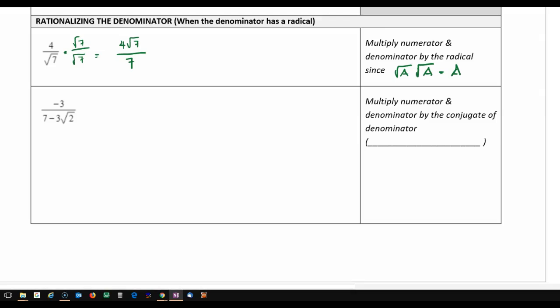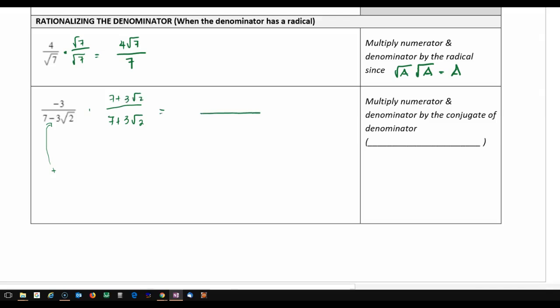The conjugate means you will turn that into a plus. Okay, so we multiply by 7 plus 3 square root of 2, 7 plus 3 square root of 2.